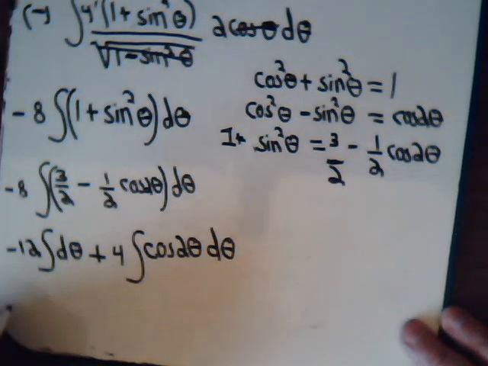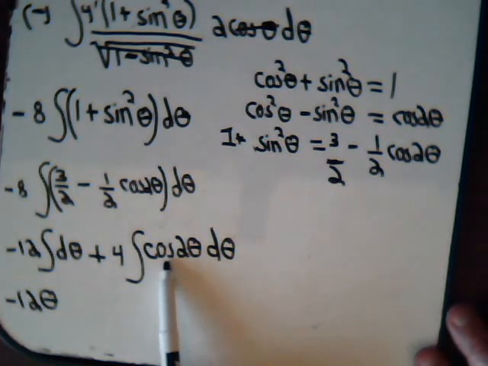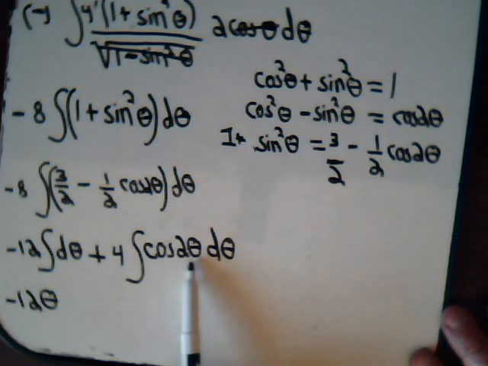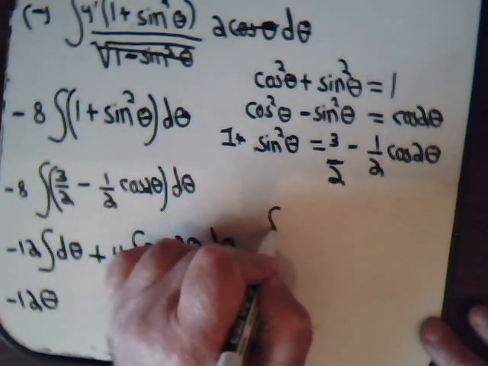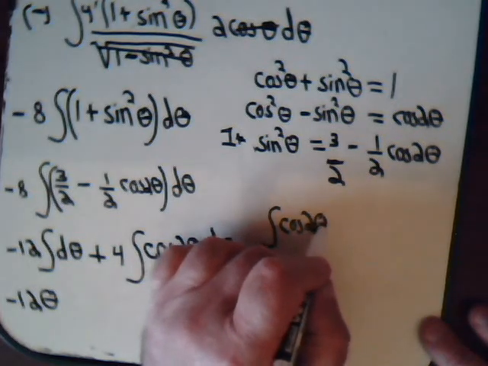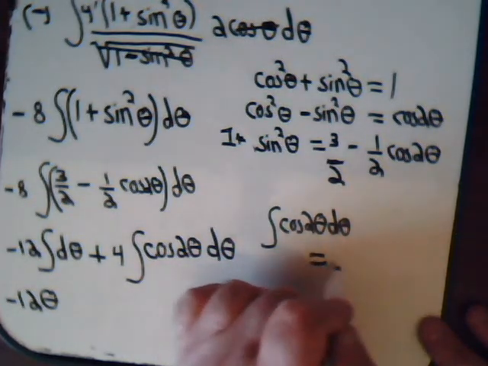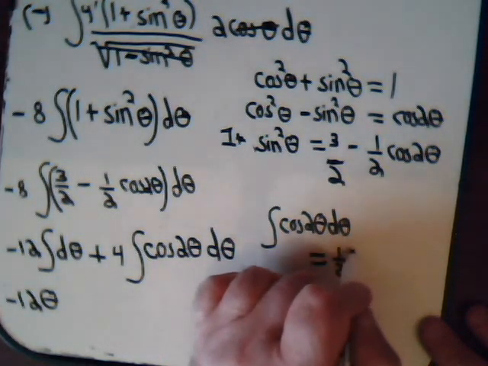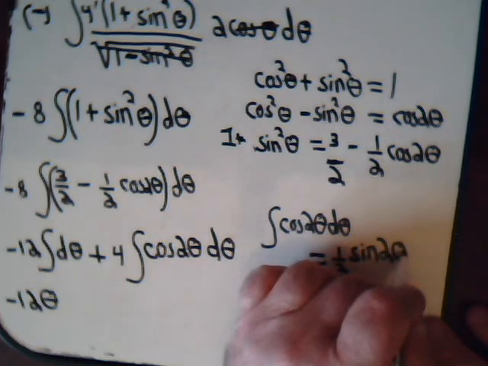This would just be minus 12 times theta. The integral of the cosine is plus the sine. With this 2 theta here, that integral of cosine 2 theta d theta is 1/2 times the sine of 2 theta.